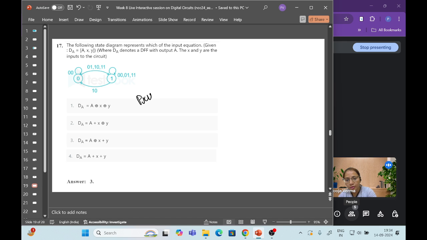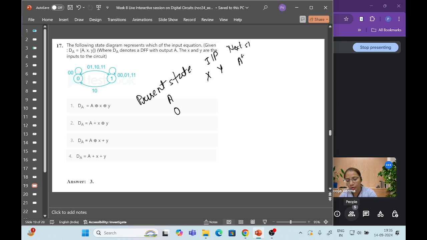Okay. Present state, that is A. Inputs that are X and Y. Next state, that is A plus, or you can say A dash also. Okay. So now we can make one table.